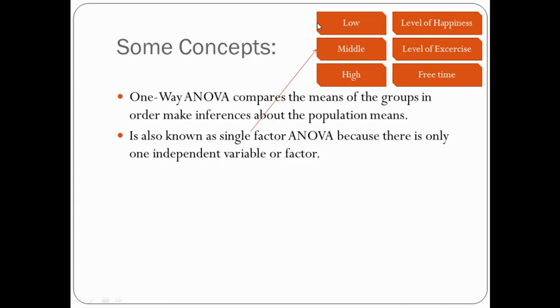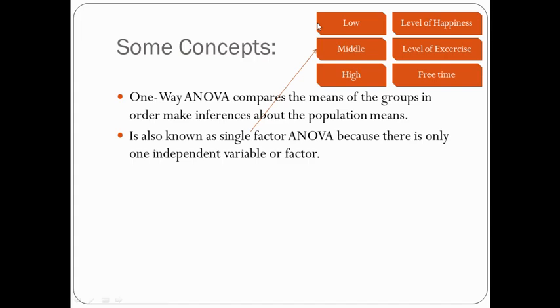It's similar to something like this, like male and female. Male and female are not called factor or independent variable. Male and female are two levels under this variable, gender. Gender is the real independent variable, but not male and female.